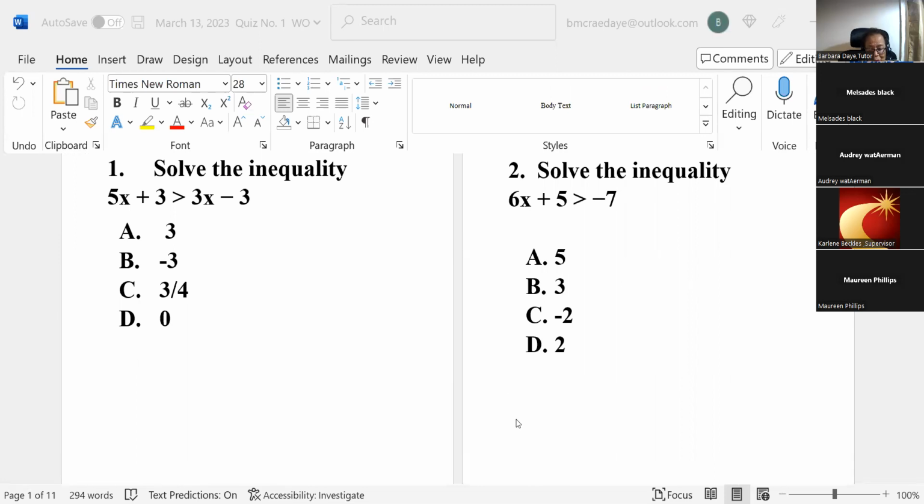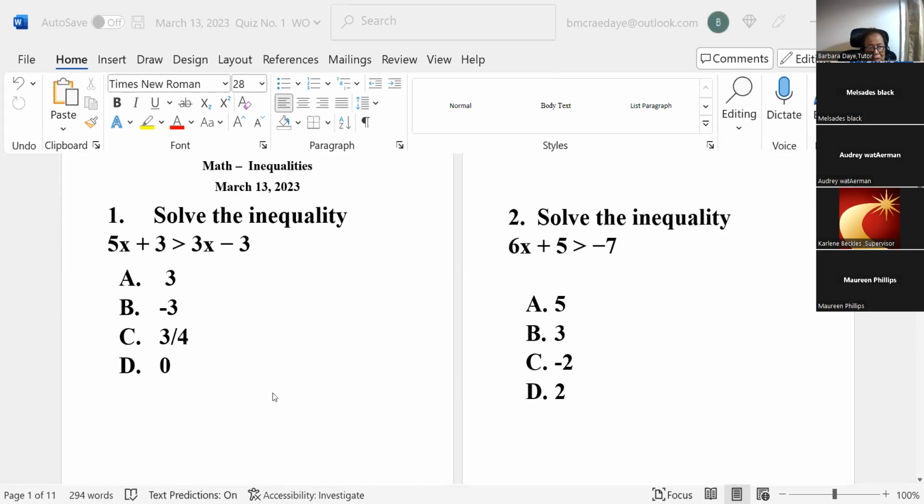No, you were supposed to do them on the quiz, Mercedes. That's why it's called the quiz. You were supposed to write your answers down, 1B, 1C, 2D, whatever, and then send me those answers. Okay, I'm going to write the answers on the paper and take the picture and send it to you on my phone.